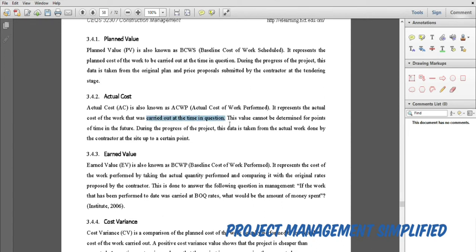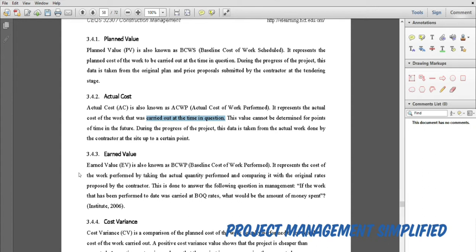When we are asking according to the work that we have performed up to date, how much we have spent, you have the records, you have the registers, and you will see how much you have actually spent for this work. The other thing is that this value cannot be determined for points of time in the future. Why?